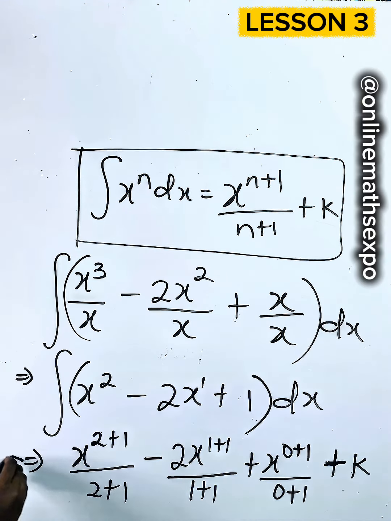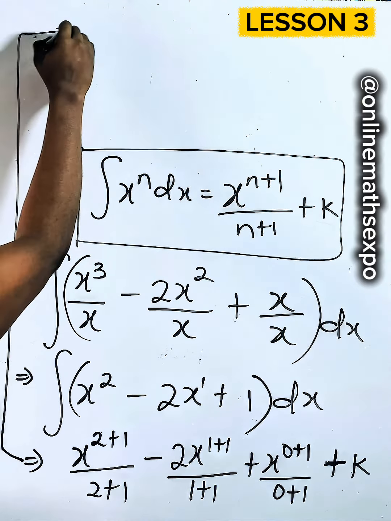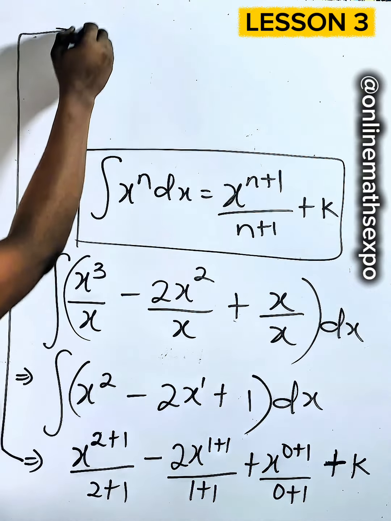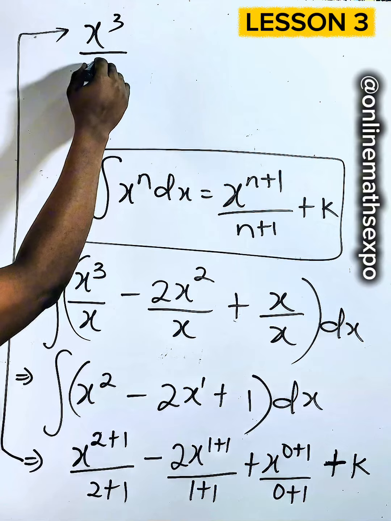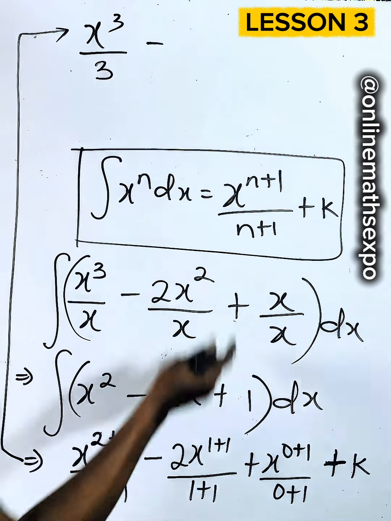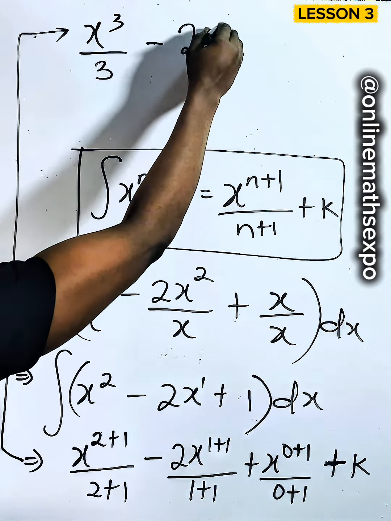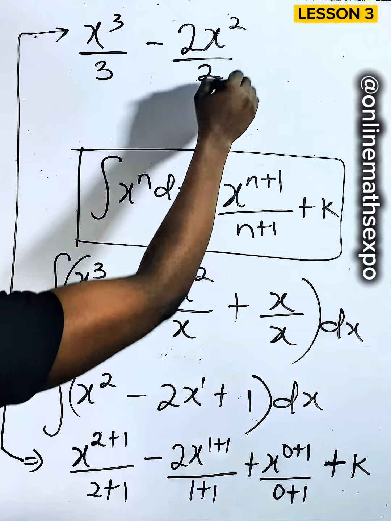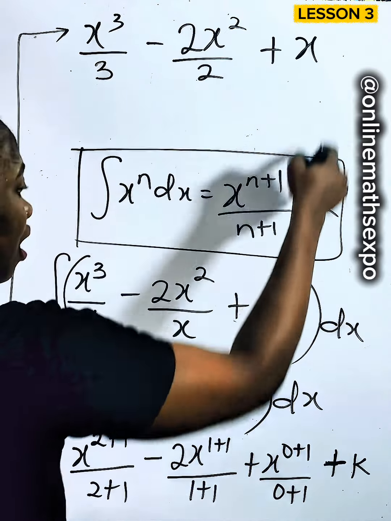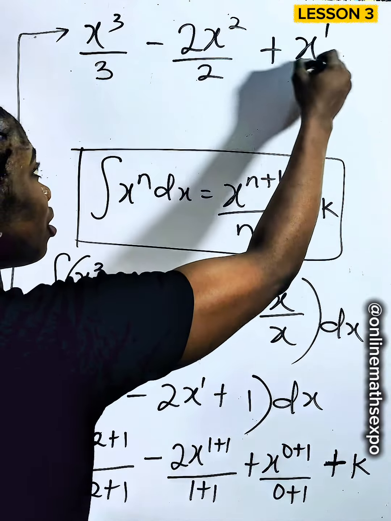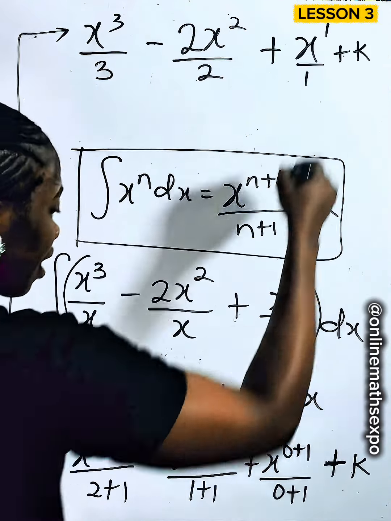So we take this up and that gives us x. This will give us 3 divided by 3, minus this will give us 2x to the power of 2 divided by 2, plus this will give us x. Add this, it gives you 1 divided by 1, plus your k.